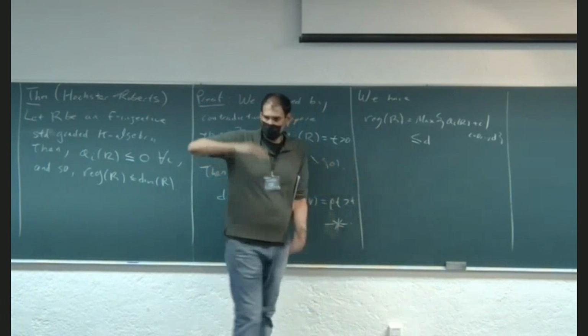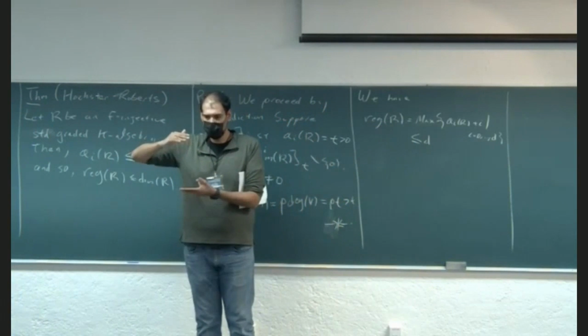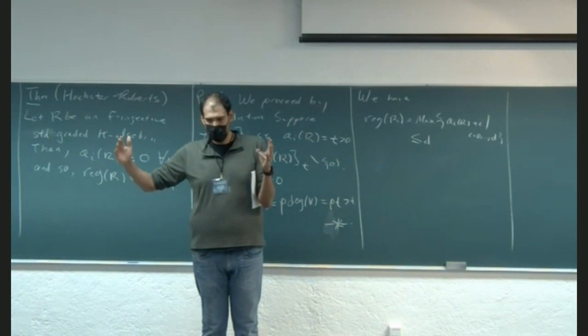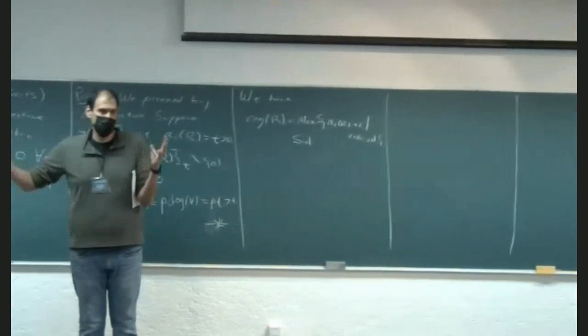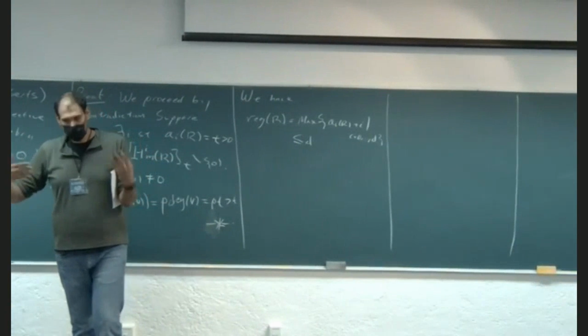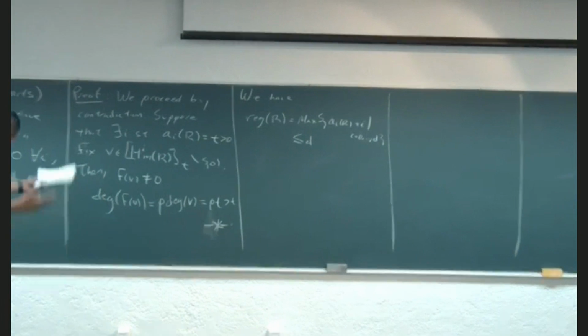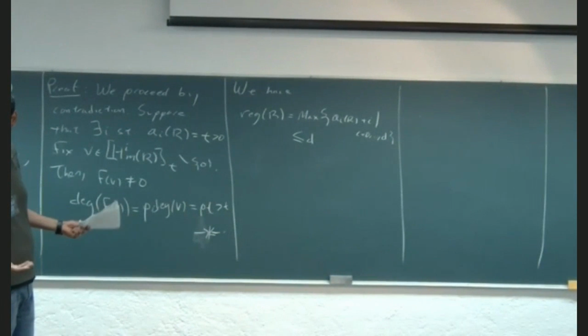So the jumps in the free resolution are bounded by the dimension. The free resolution may be complex, but the degrees, how things change, are not that bad. And the way we can do this is by the definition with local cohomology. So we're not able to get explicit computations, but we're able to get explicit properties. It's good that we have two definitions, so we get the best of two worlds.